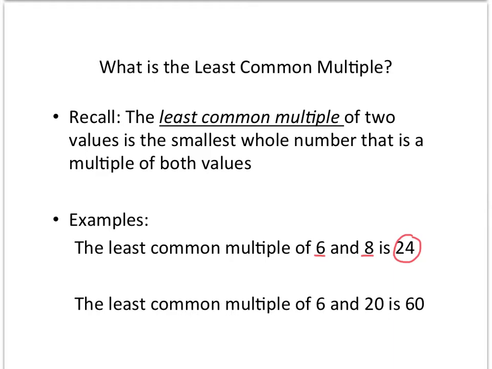Both of those can be multiplied and evenly divide 24, and there is no number smaller than 24 that works for both of these. And then same idea, 6 and 20, the least common multiple is 60, because both of those can be multiplied, 6 times 10 and 20 times 3, in order to make this least common multiple.